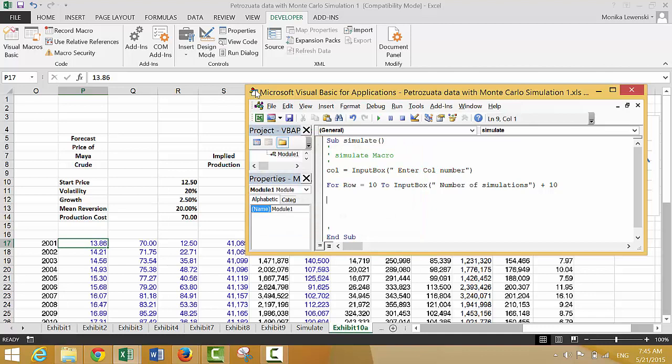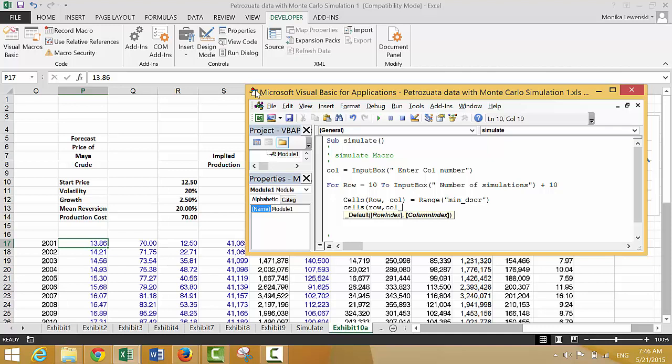Then we'll go around this and put range cells, row, comma, col, equals range min DSCR.